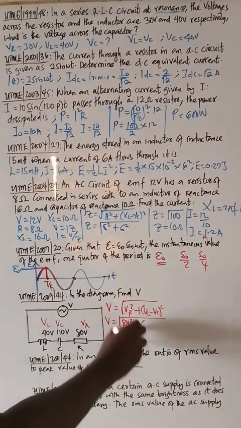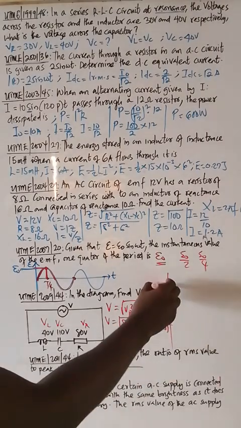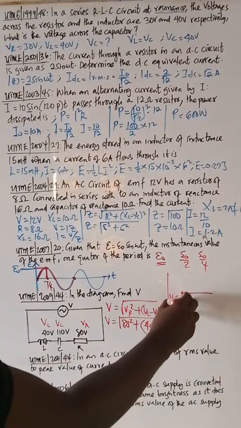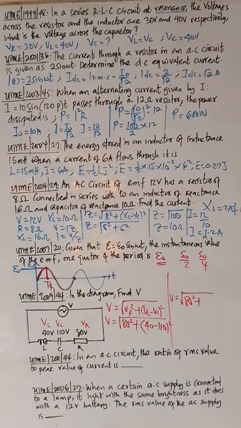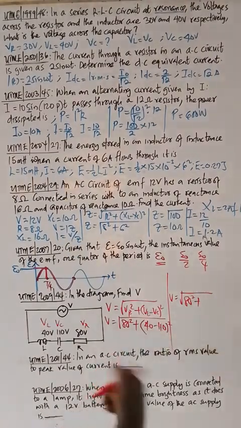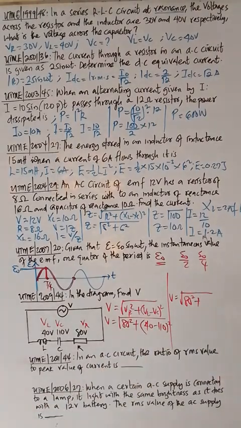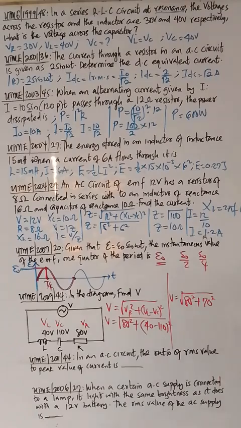What is VL? 40. What is VC? 110. From here, we get V as the square root of 80 squared plus (40 minus 110) squared, which gives us 70. If you square a negative, it cancels, so it doesn't matter whether you do 40 minus 110 or 110 minus 40. That's plus 70 squared. You can finish that by yourself.